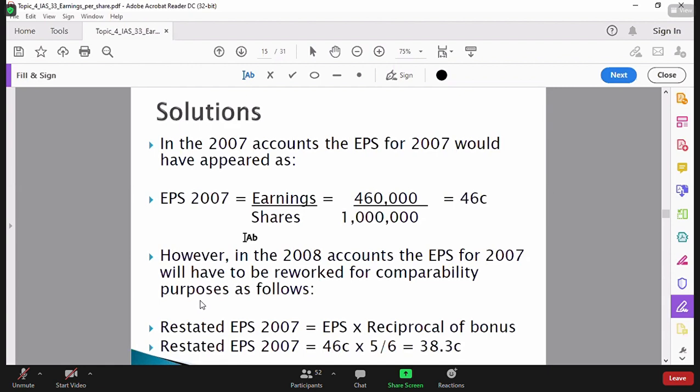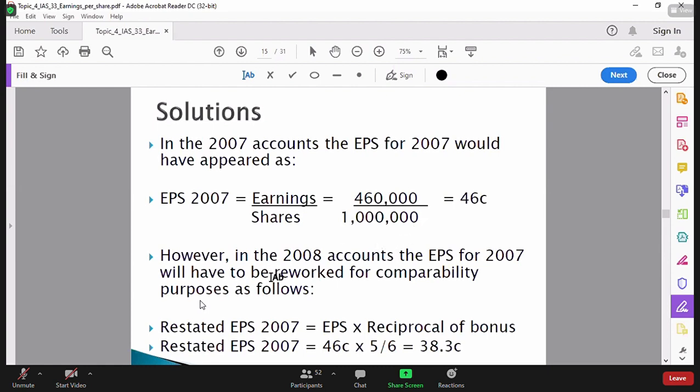You divide by 1 million, and you will get 46 cents. This is the EPS before the bonus issue.